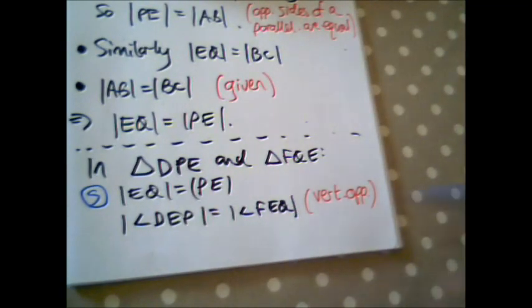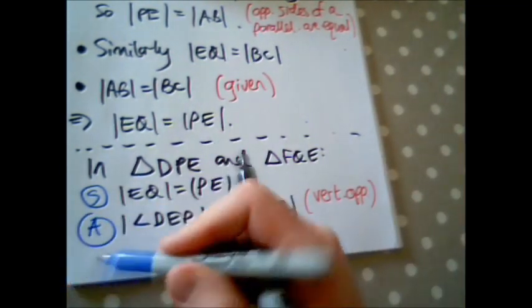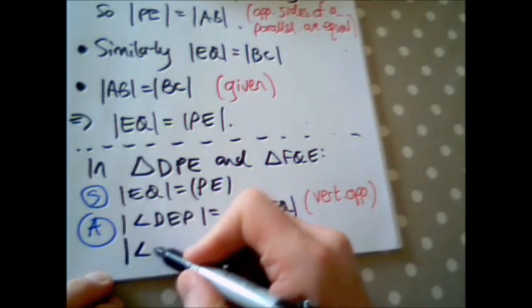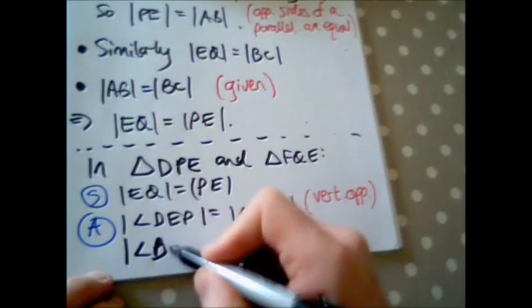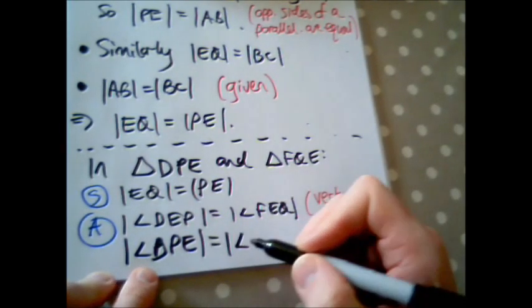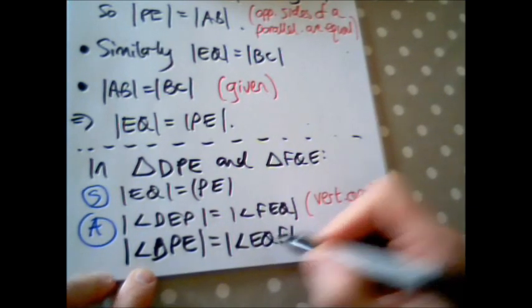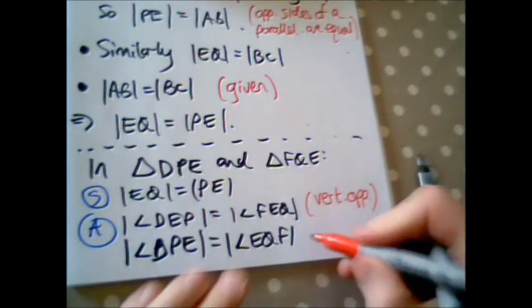Okay, so that's an angle. And finally, we have that DPE is equal to EQF because they are alternate angles.